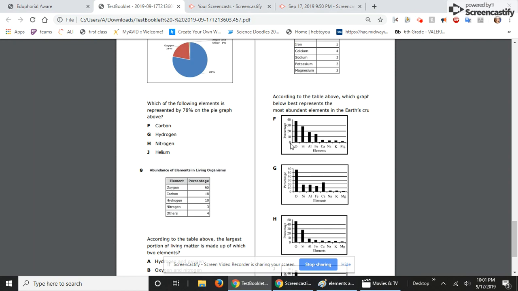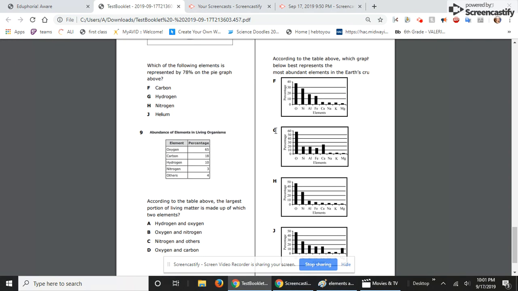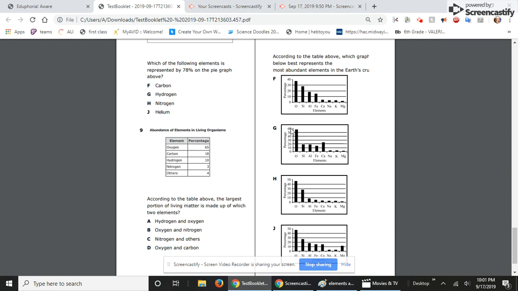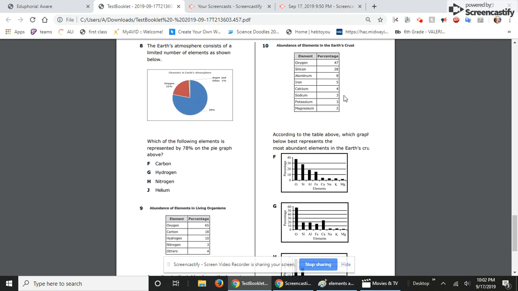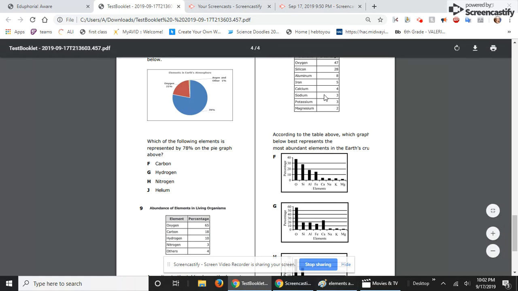On F, those percentages go from 0 to 40. On G, the percentages go from 0 to 60. On H, the percentages go from 0 to 50. And on J, the percentages go from 0 to 50. So try to match the graph below to the data above.